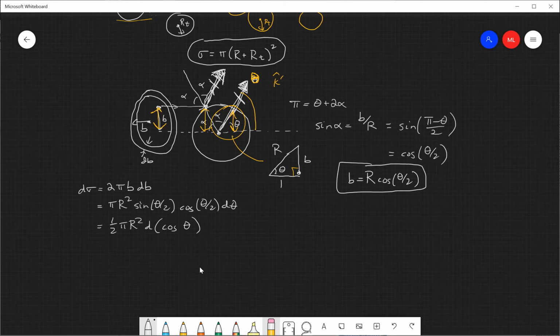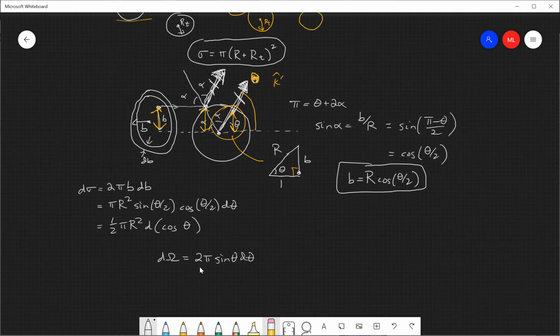It means that we can calculate the differential cross section now, the actual one per solid angle. Why? Because d omega, the solid angle, is going to be 2 pi sine theta d theta. That's if you don't care along the phi direction where you are, then that just gives you a factor of 2 pi.